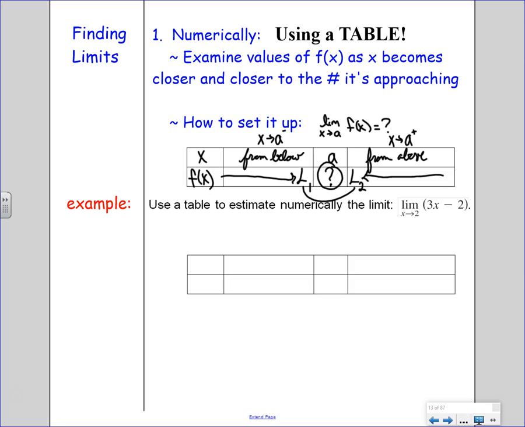If they match, if they meet, if they agree, then we can say that the limit exists and the limit will equal L. So if L1 equals L2, then we can go ahead and say, yes, the limit does exist and the limit will end up equaling L.